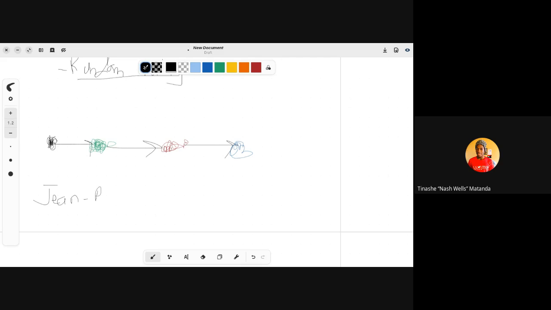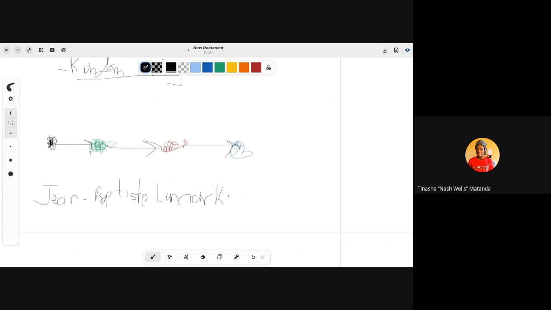His name was Jean-Baptiste Lamarck. So Lamarck saw these things happening, and he tried to come up with reasons as to why this is really happening. So he came up with two theories out of this.